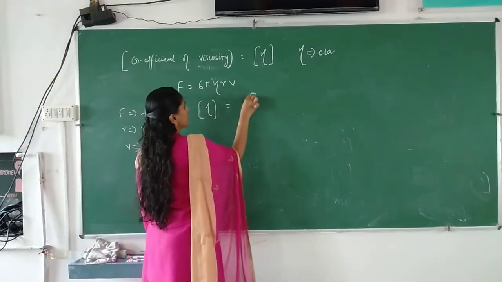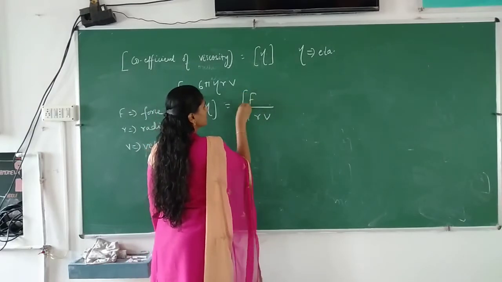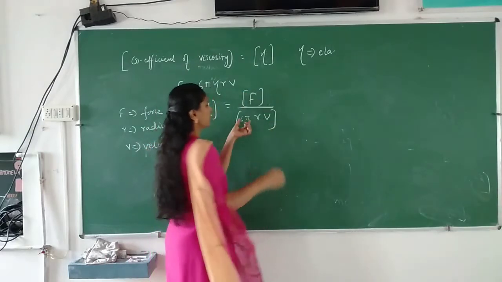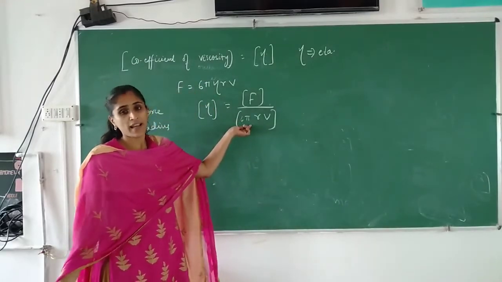The dimension of eta is equal to F by 6 pi R v. Here no need to consider 6 pi because it is a numerical value, with no dimension.